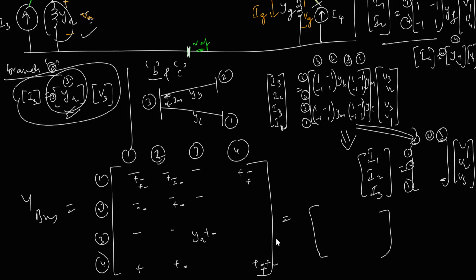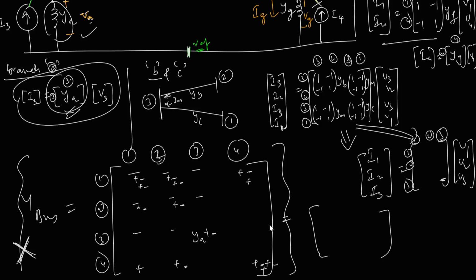Now what I have said here, I started with the building blocks only to alter the existing Y bus, right? And I have ended up forming the Y bus using the building blocks. You can also apply these building blocks to form the complete Y bus, but this is not actually done.